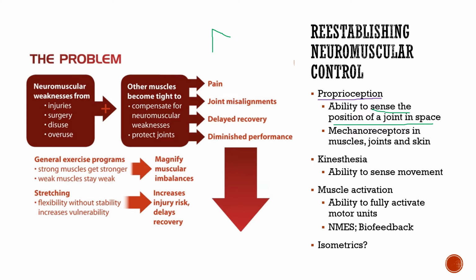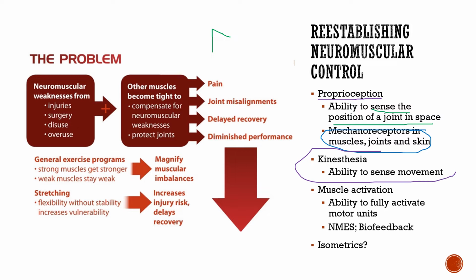And that's associated with mechanoreceptors in the muscles, joint, and the skin in particular. This is where taping has an effect on neuromuscular control because it increases the amount of deformity of the skin, thereby increasing mechanoreceptor sensitivity and increasing proprioception.